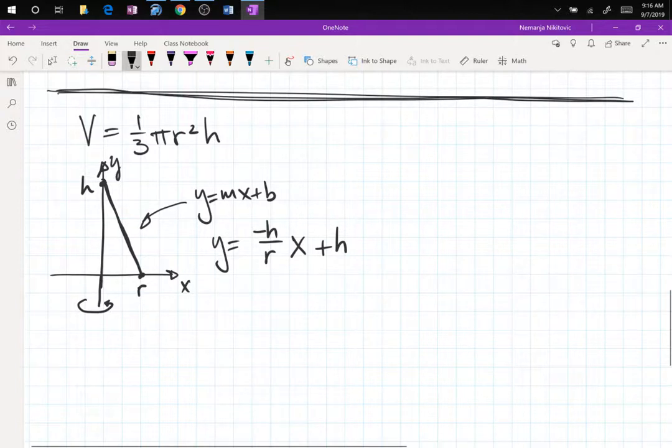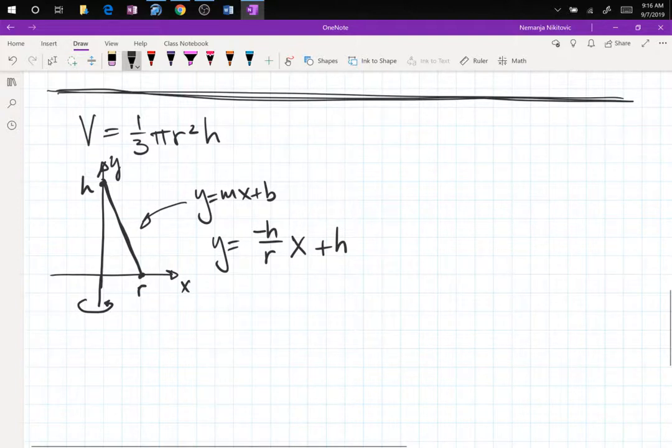Now, obviously, if you have numbers like 2 and 7 from the last example, then you would plug in 2 and 7, not r and h. What we are doing now is a mathematical proof for the formula that gives us the volume of the cone.